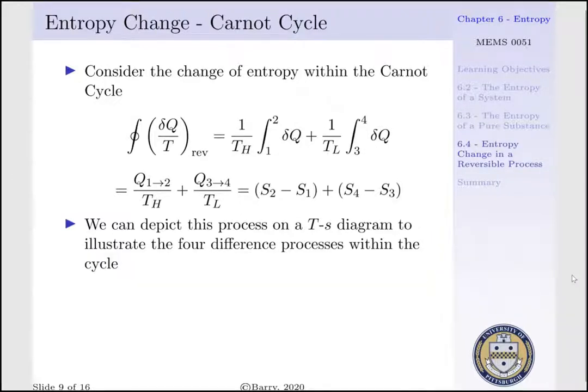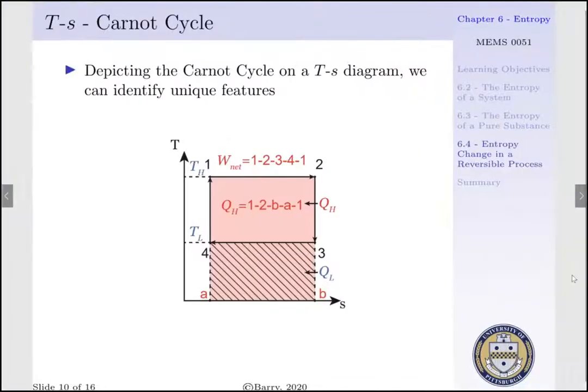Now we're going to depict this on the TS diagram to see why the Carnot cycle is the most efficient cycle. If we construct a TS diagram, we have the following. As we go from state 1 to state 2, we have an isothermal heat addition process. That is, we are adding heat under a constant temperature. From state 2 to state 3, we have an adiabatic reversible expansion process. That is, it is isentropic. Our entropy is not changing.